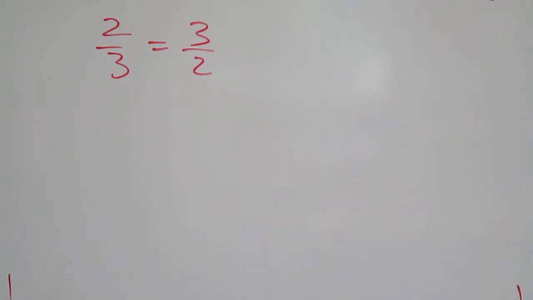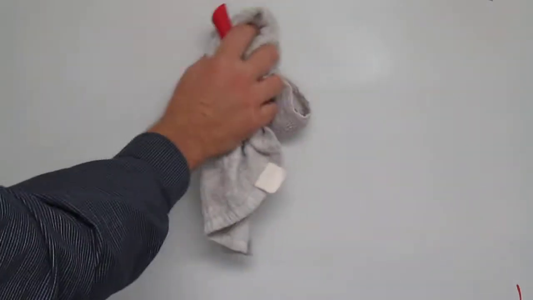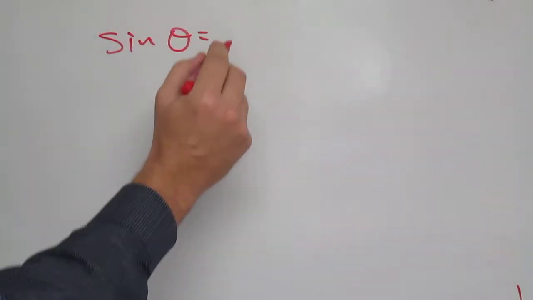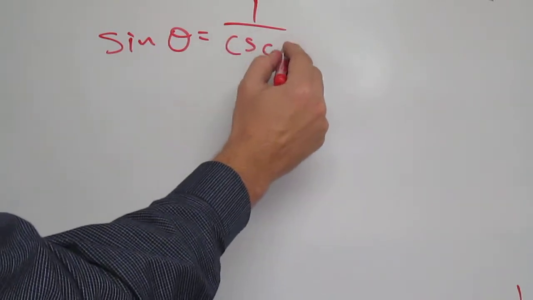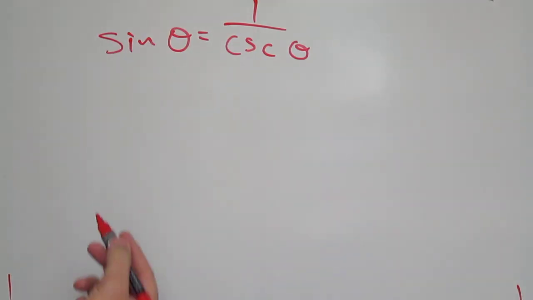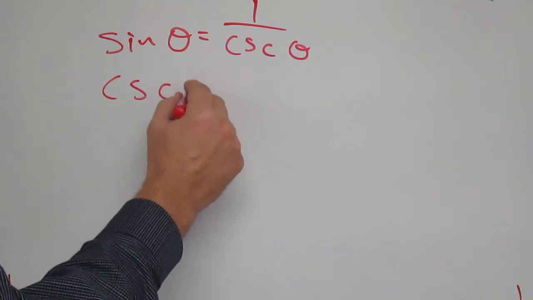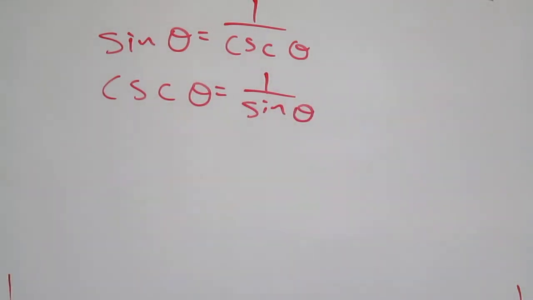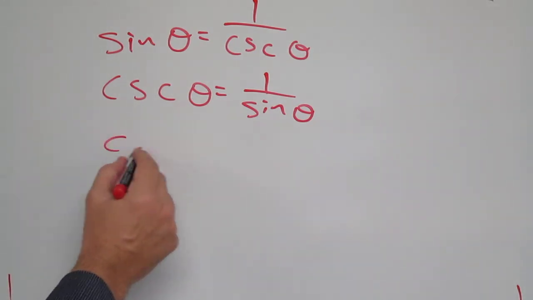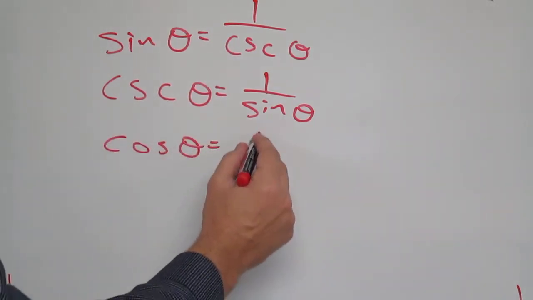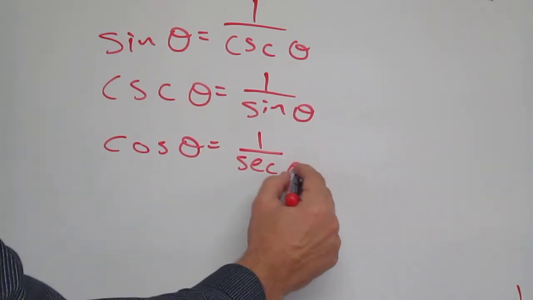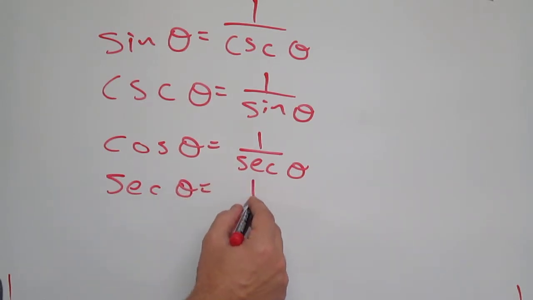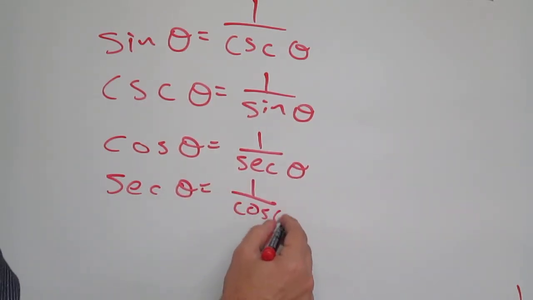And so there are a bunch of reciprocal identities. For example, the sine of theta is the same as 1 over the cosecant of theta. Those together are reciprocals. So I could also say the cosecant of theta is 1 over the sine of theta. I could also say that cosine of theta is equal to 1 over the secant of theta, and of course, the secant of theta is equal to 1 over the cosine of theta.